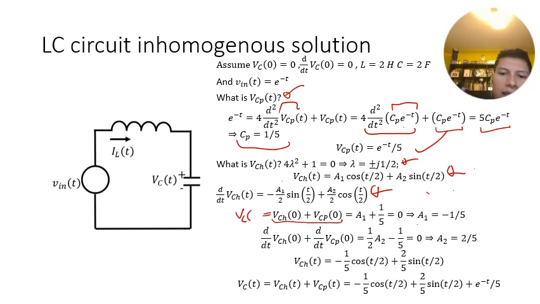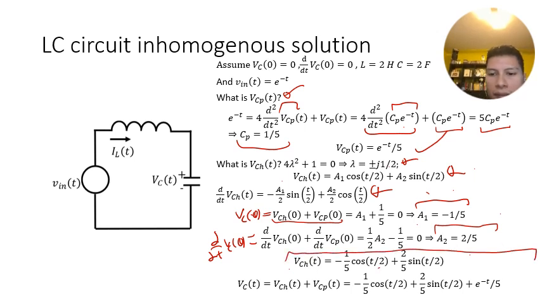So remember that this is just Vc of 0, and this is just d dt of Vc at 0. We need to match our initial conditions, and that allows us to find the coefficient in front of the cosine term, and then the coefficient in front of the sine term. And then finally we have here the full response.